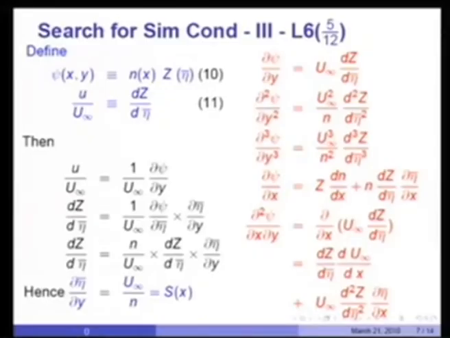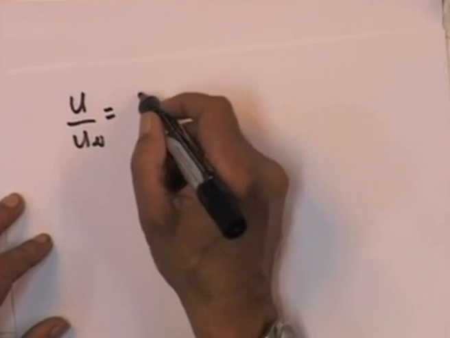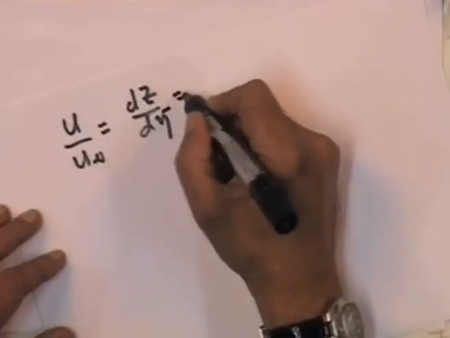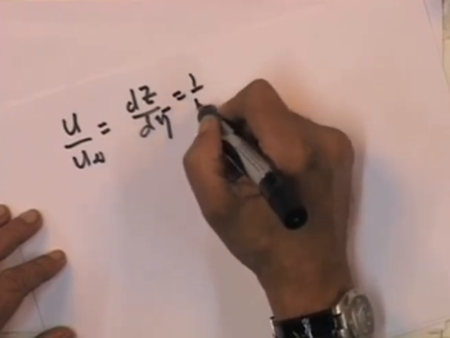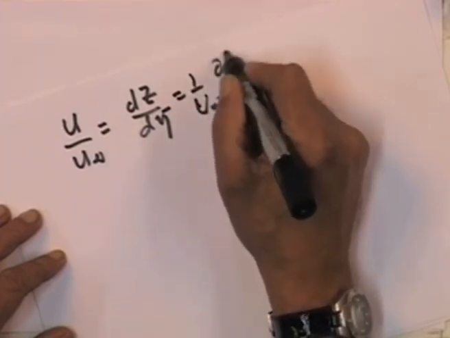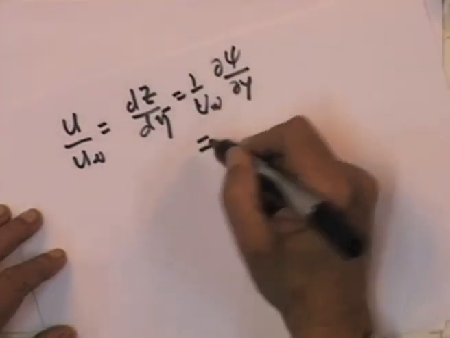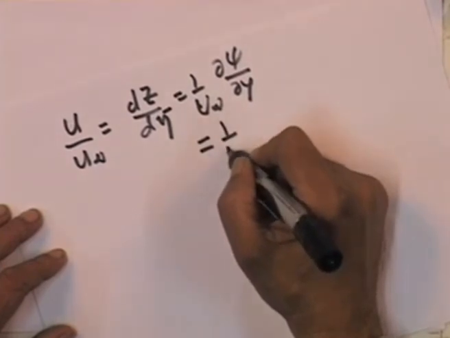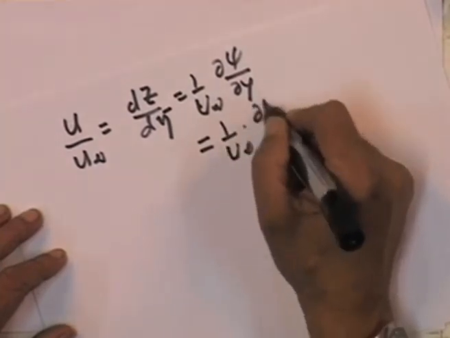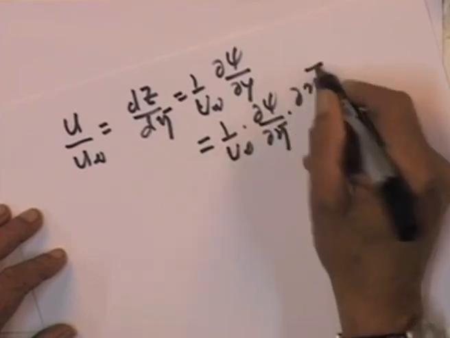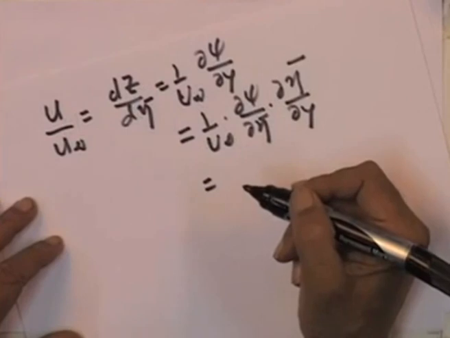We recall that u over u infinity, as I defined, is dz by d eta bar, and that is equal to 1 over u infinity into d psi by dy. But notice that I can write this as 1 over u infinity, d psi by d eta bar into d eta bar by dy.